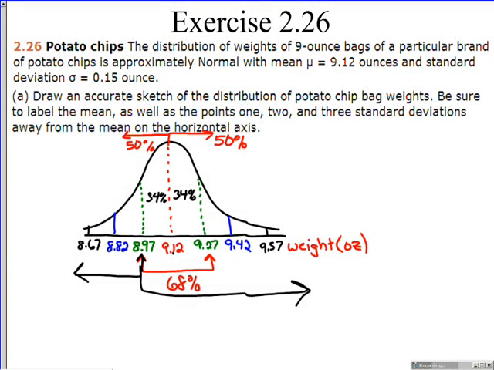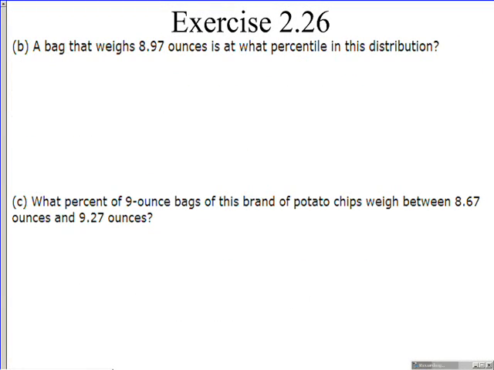We know from the mean right here, over is 50%. We know between here and here is another 34%. So that means 84% of the bags weigh more than 8.97 ounces, which means 16% then have to weigh less than. So that means we are talking about the 16th percentile.